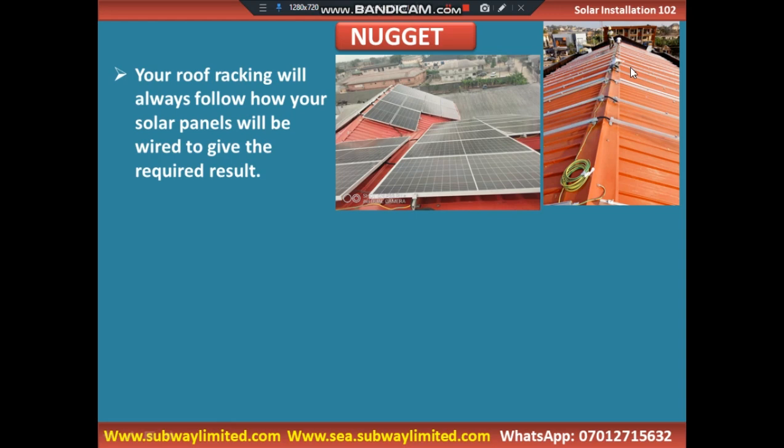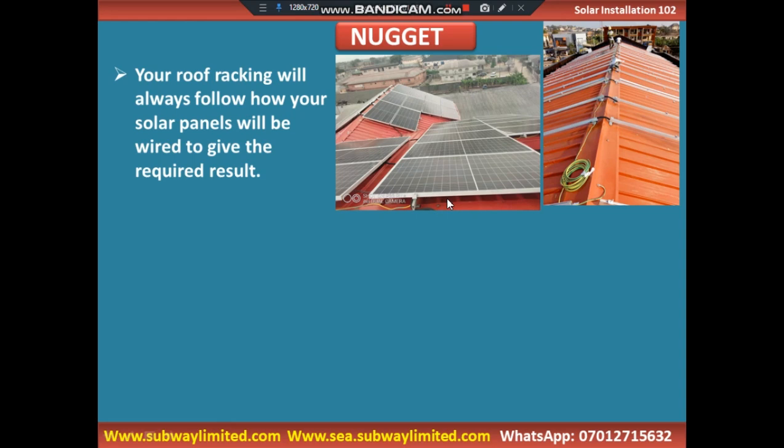When you use the solar rails, you help to balance the ambient temperature, because when you raise the solar panel above the roof like this, there will be free flow of air, and in such a scenario the temperature of the solar panel will be maintained.